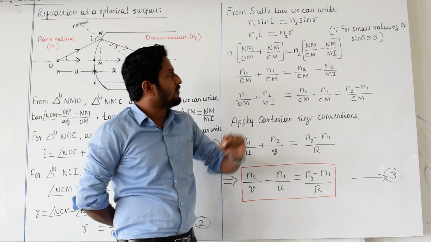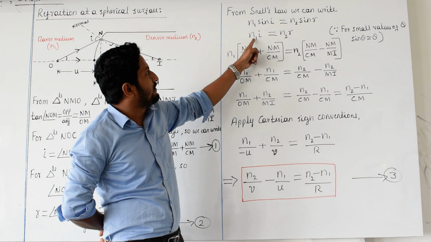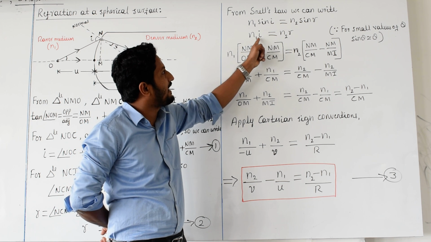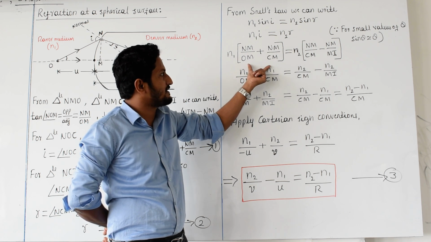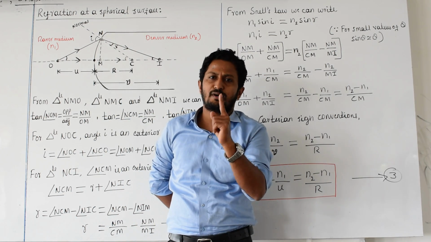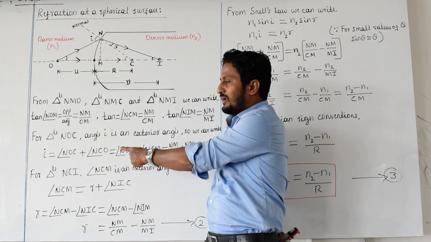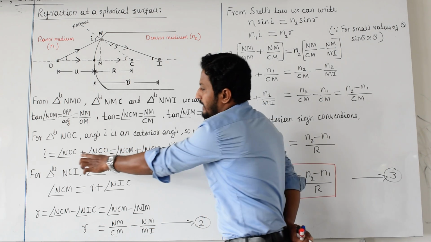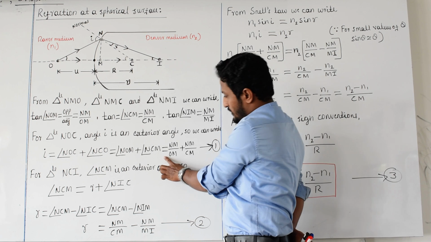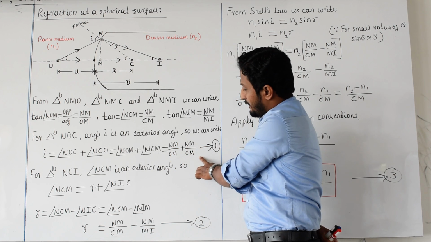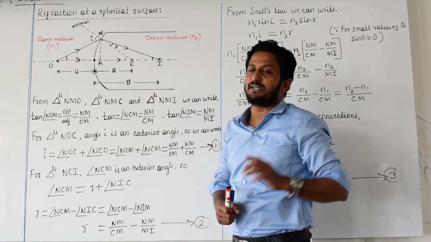Yes. Now look at that. n1 as usual we have written here. In place of i I have written this according to equation number 1. That equation 1 gives the value of angle i. See here, i is equal to NM by OM plus NM by CM. That we have written here.